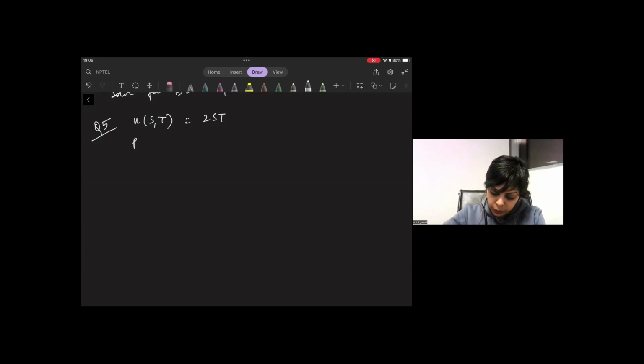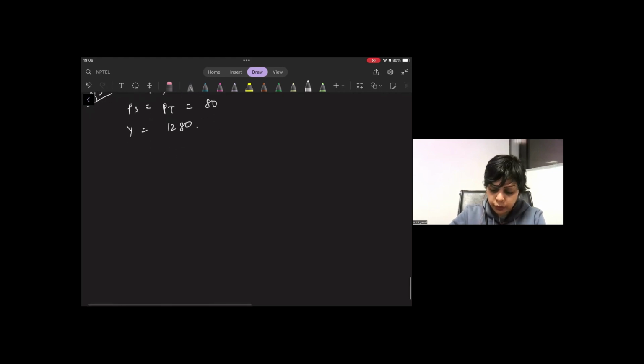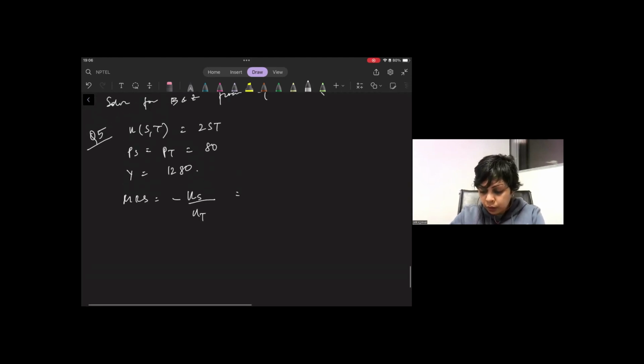So we know PS equals PT equals 80, $80. I'm not putting the dollar sign, just leaving it simple. And Y is 1280. So MRS is equal to US by UT. Let's put a minus here again.